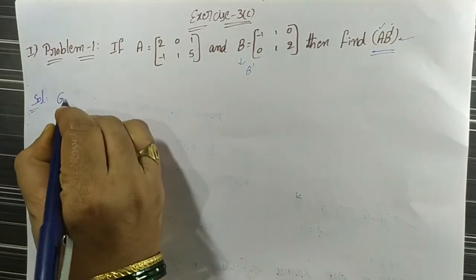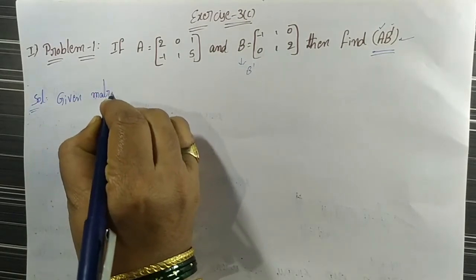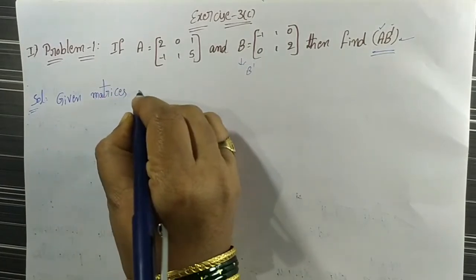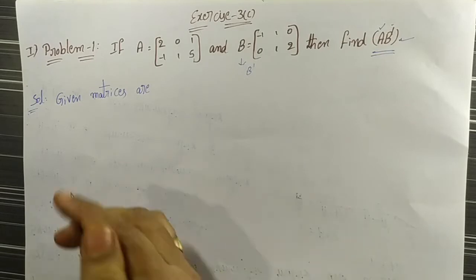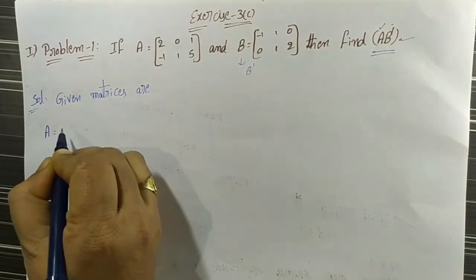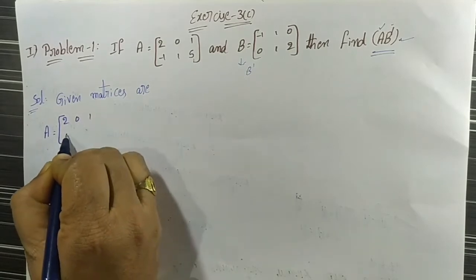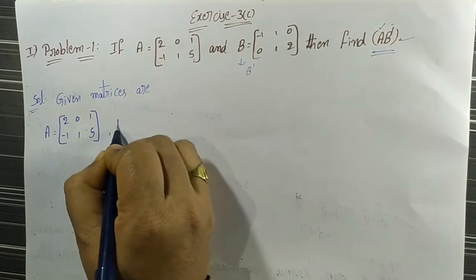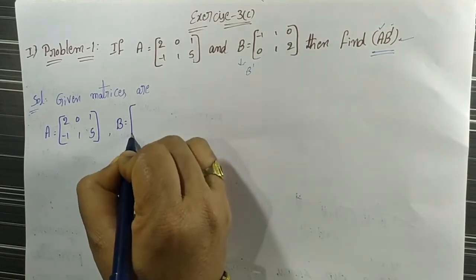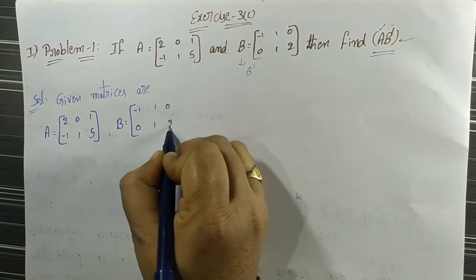First write down the given matrices. The given matrices are: first matrix A equals [2 0 1; -1 1 5] and matrix B equals [-1 1 0; 0 1 2].